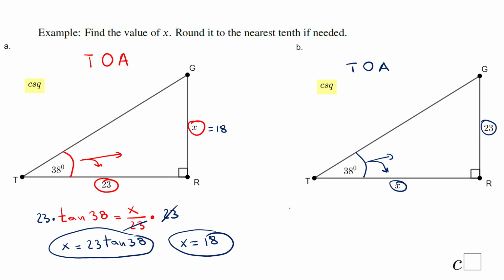So we're going to have now tangent of 38, but now be careful, opposite is 23, adjacent is x. So now I'm going to do the multiplication by x like in the previous problem, which is going to give me x tangent of 38 equals 23, then divide by tangent of 38.